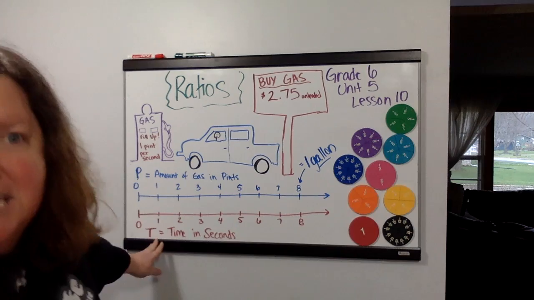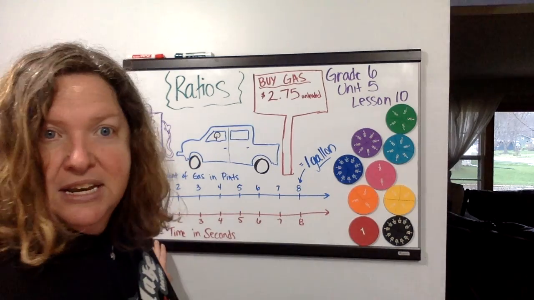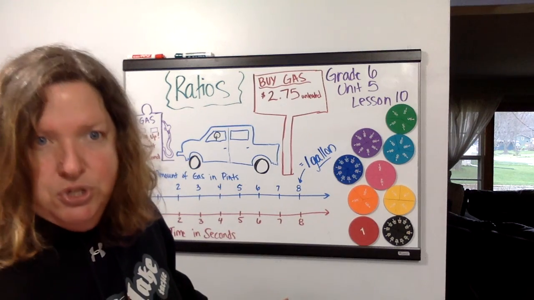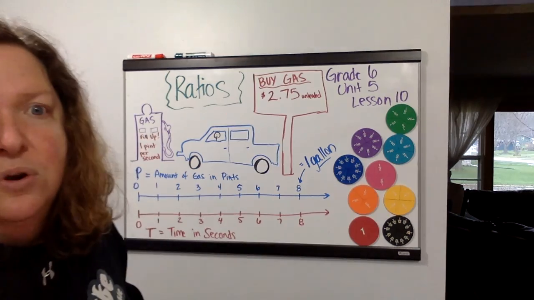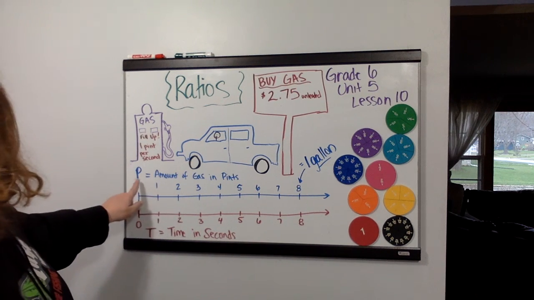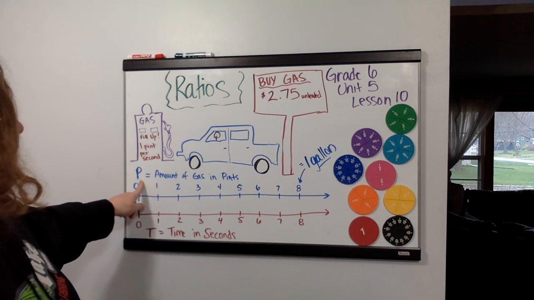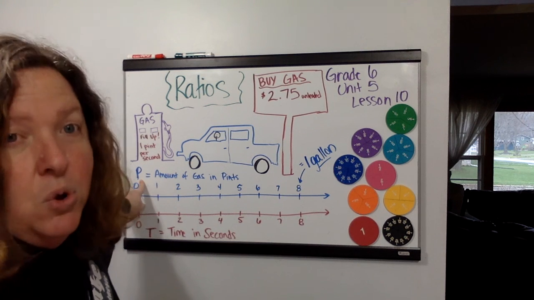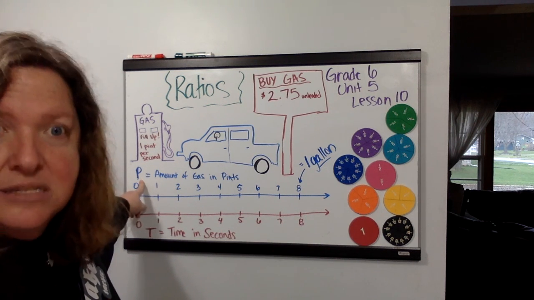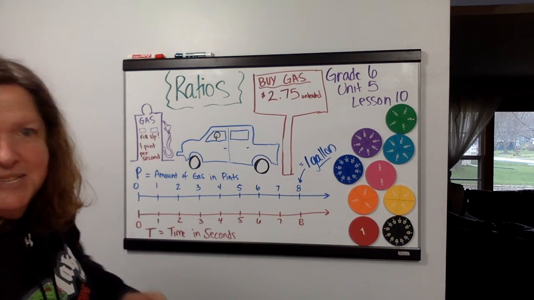So I'm going to write a T instead, but you could call it again anything you want. But I think it's really valuable if the letters you choose make sense with what they're representing. So T makes sense to represent time in seconds. P makes sense to represent amount of gas in pints. Or G makes a lot of sense. G to represent the gas in pints. Either of those makes a lot of sense.